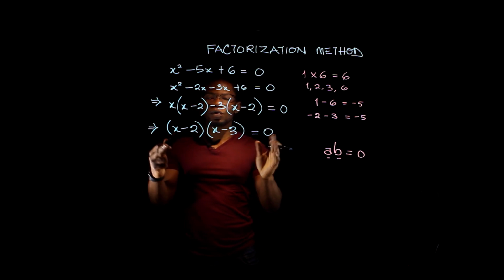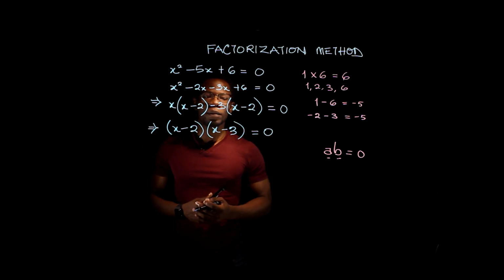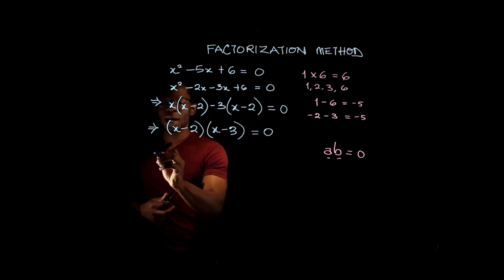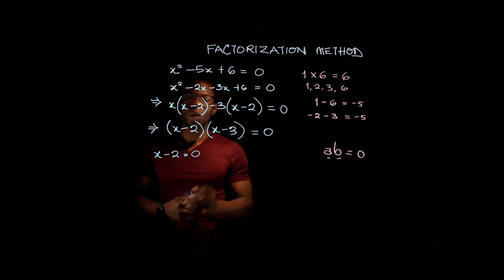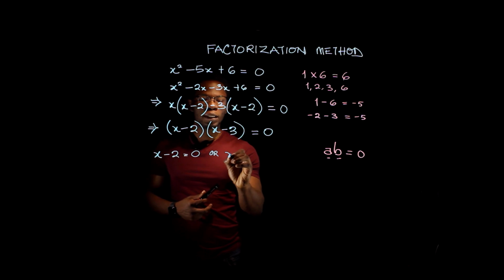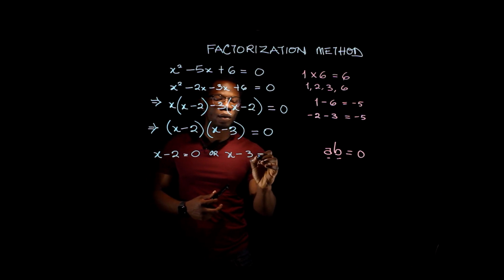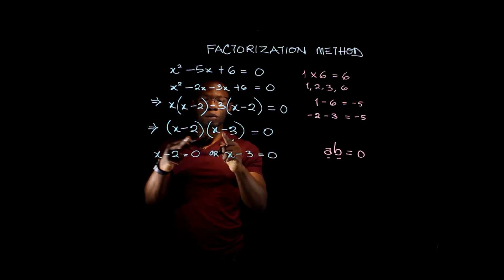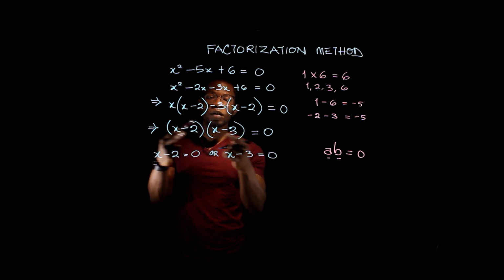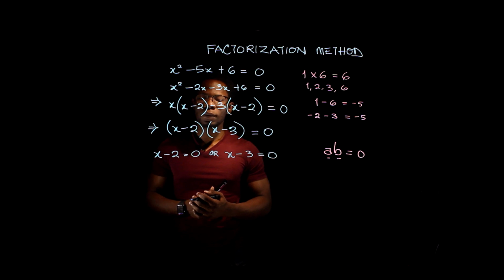So if we apply that to this equation as well, it means that either x minus 2 is equal to 0 or x minus 3 is equal to 0. So if either of them is equal to 0, then the multiplication of both of them has to be equal to 0.